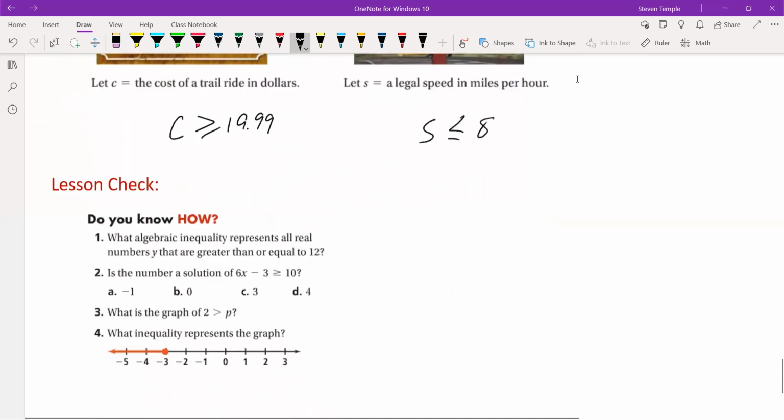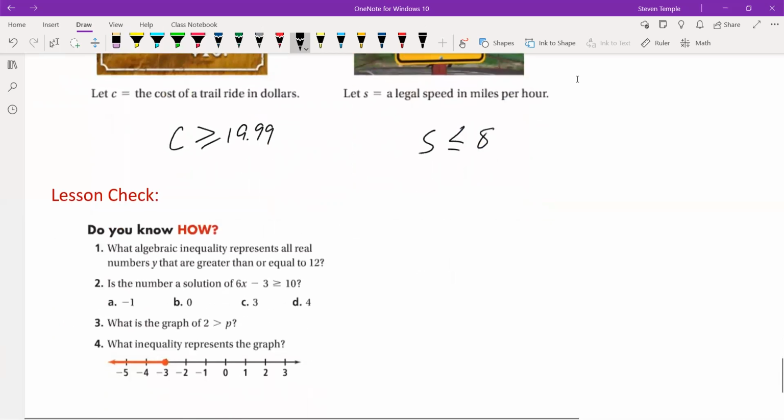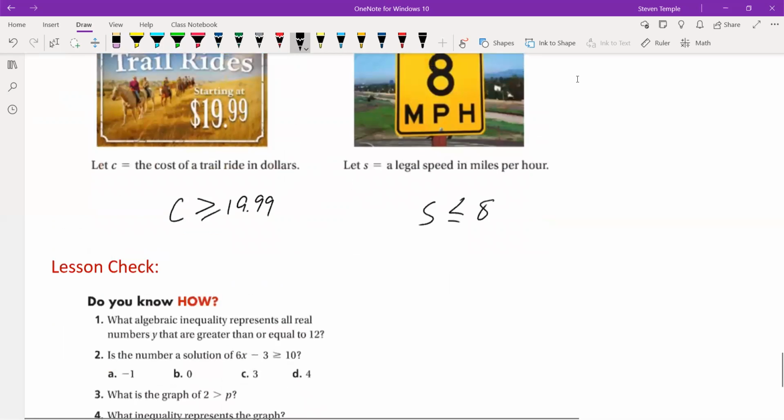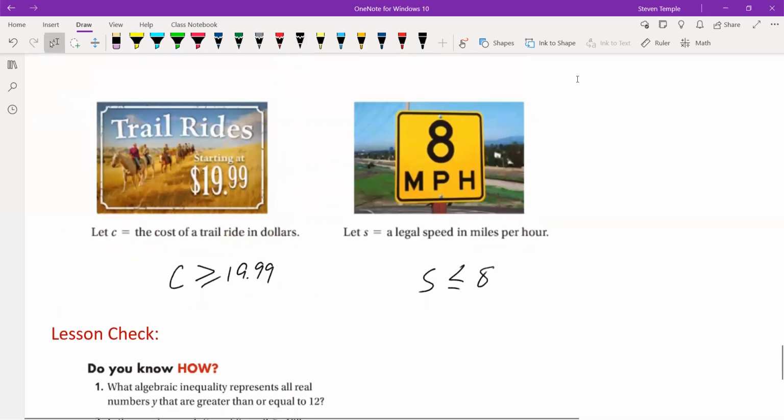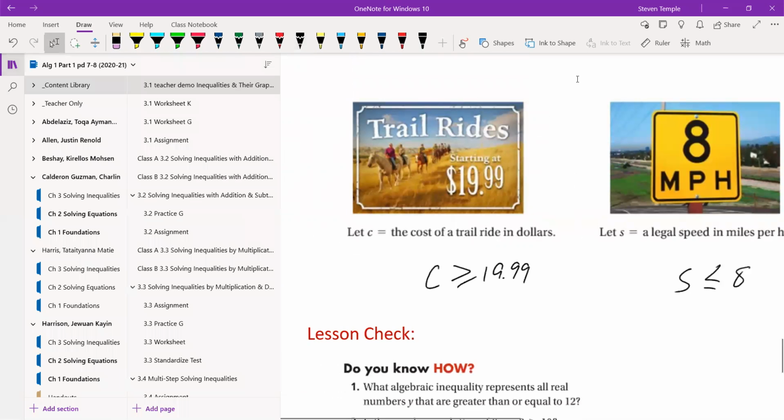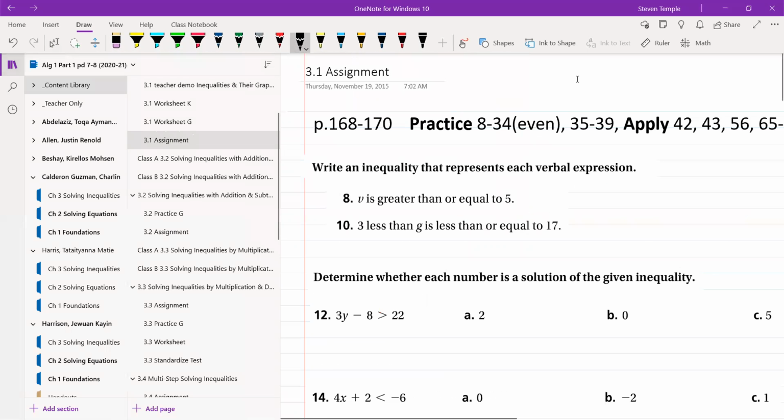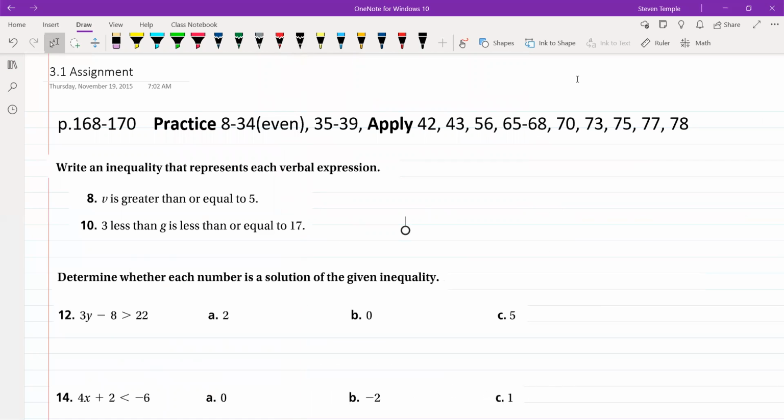Okay, I'm going to go ahead and jump into homework problems here. Let me just grab our assignment. Here we go. What I'd like you guys to work on are the following numbers.